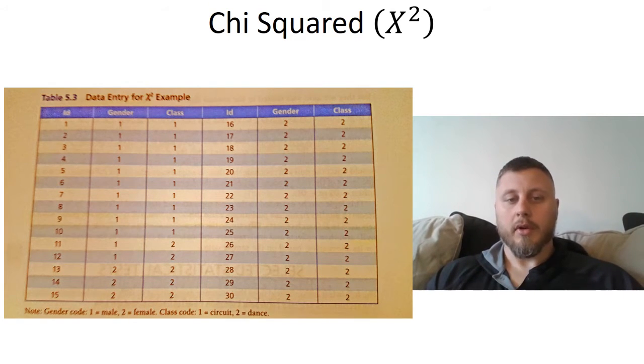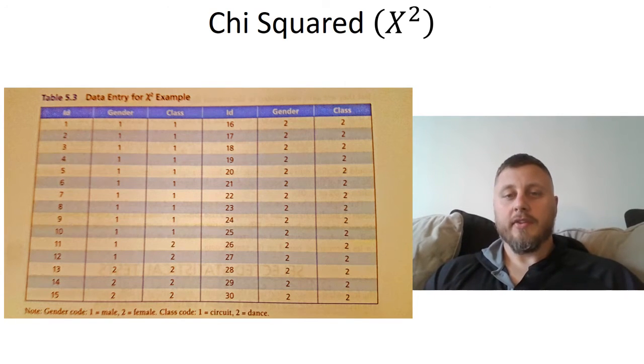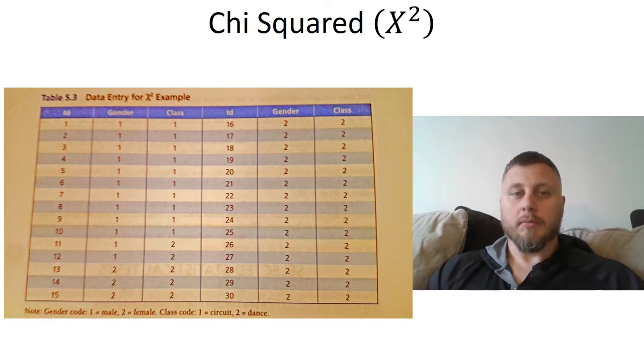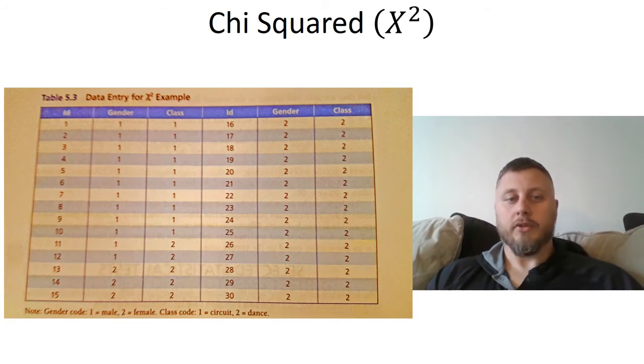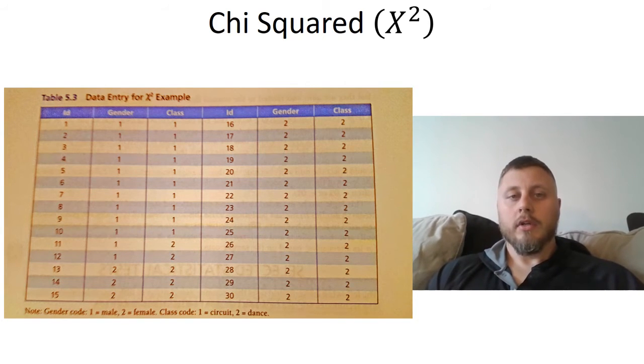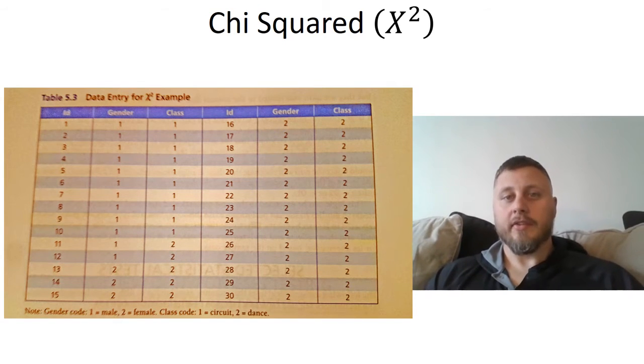These are the people who are now entering the aerobic dance class. Go over to column 6, and you can see that it's all twos. Moving back over to columns 2 and 3, when you look at row 10, that's the last male participant in the circuit training class. Rows 11 and 12 are males participating in the aerobic dance class. So keep that in mind as we go through this next slide.